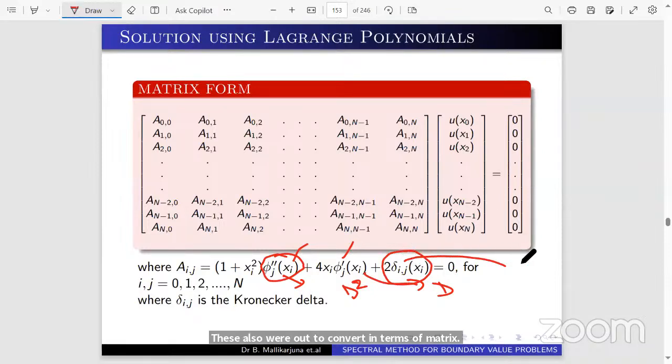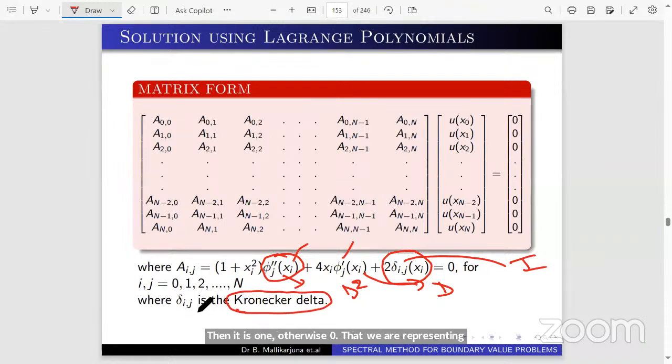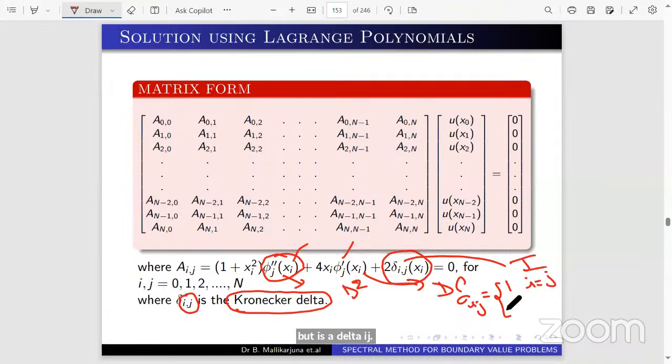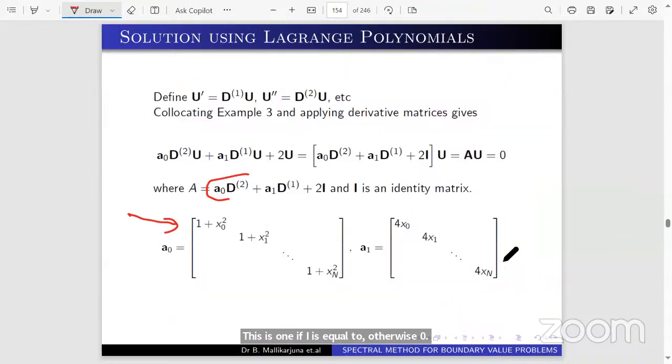This delta ij is nothing but identity. What is the identity matrix? If row and column index is the same, then it is 1, otherwise 0. That we are representing with the Kronecker delta. If i is equal to j it is 1, otherwise 0. That is why it is just a kind of identity matrix.